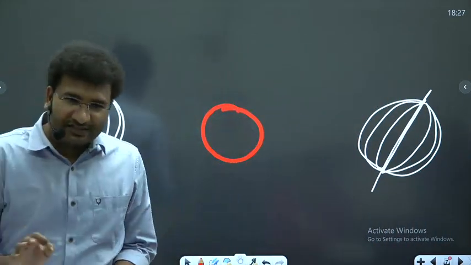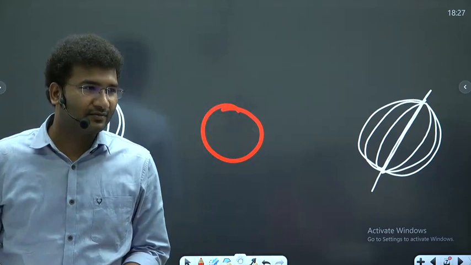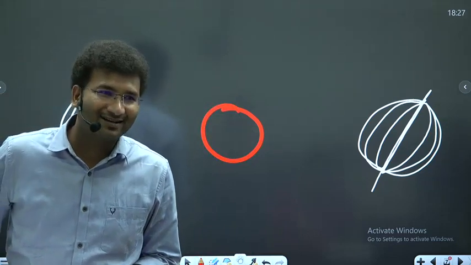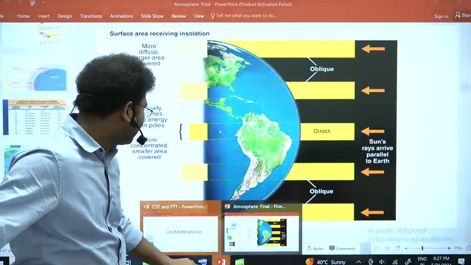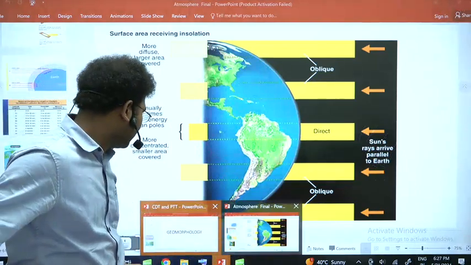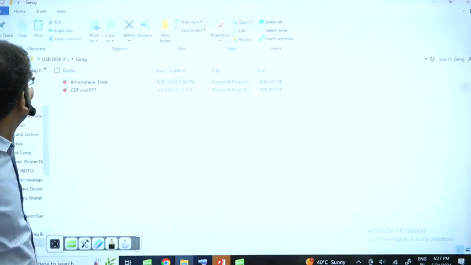Right? UPSC has already asked this question once. Yes, in the PYQ, there is a question. Just a minute. If I have it, let me show you that question also.